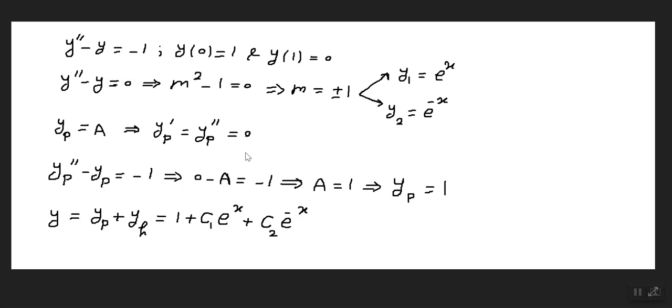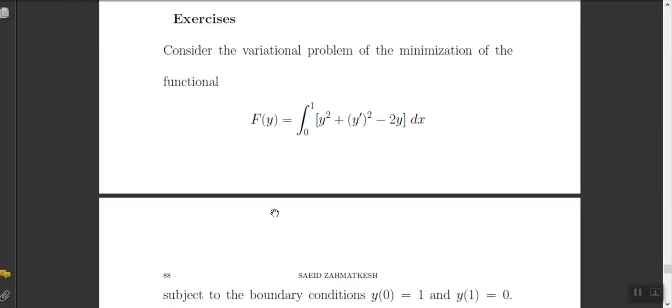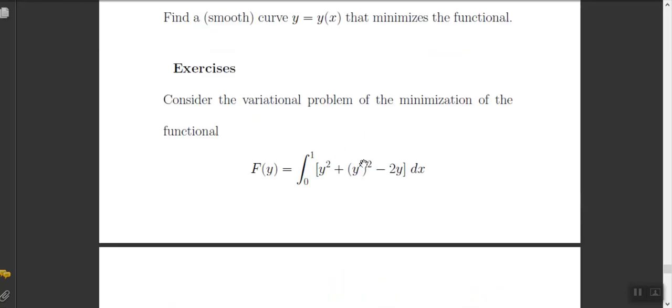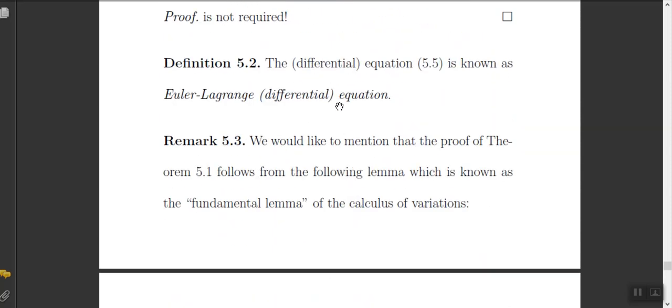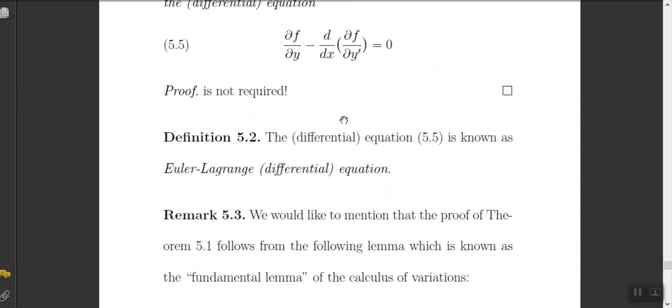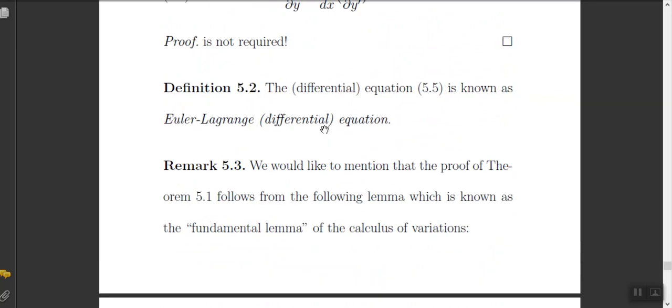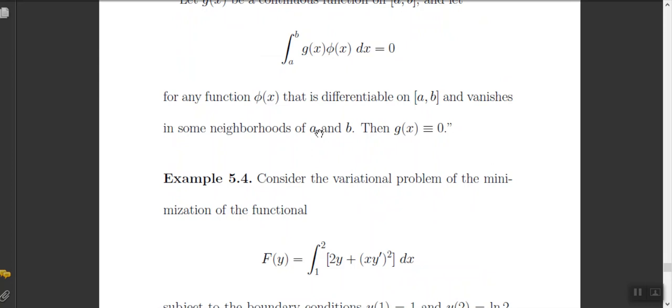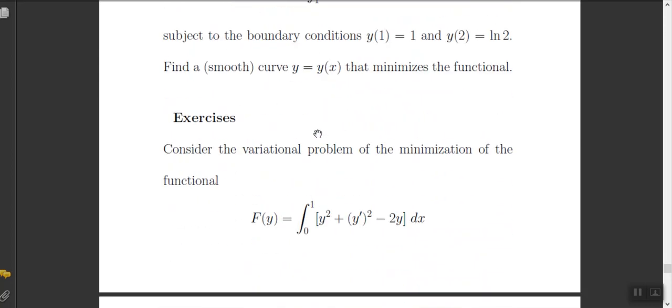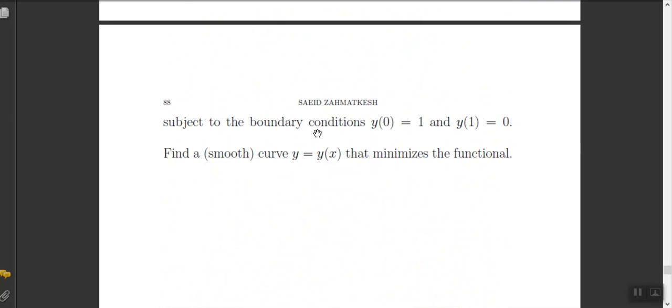You need to recall the stuff on differential equations, because when you want to solve the variational problem, the bottom line is you have to solve this differential equation, so you need it. So this was an introduction on variational problems, the first variation that we discussed.